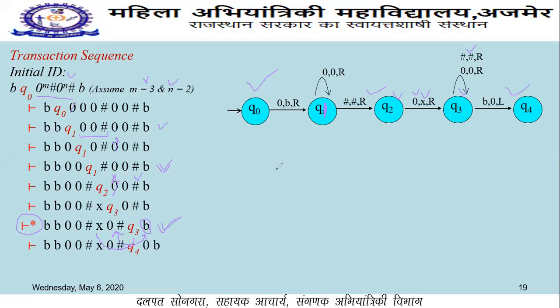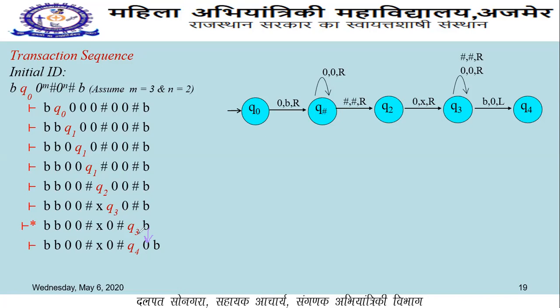So this blank is overwritten by 0, and we take a left turn.